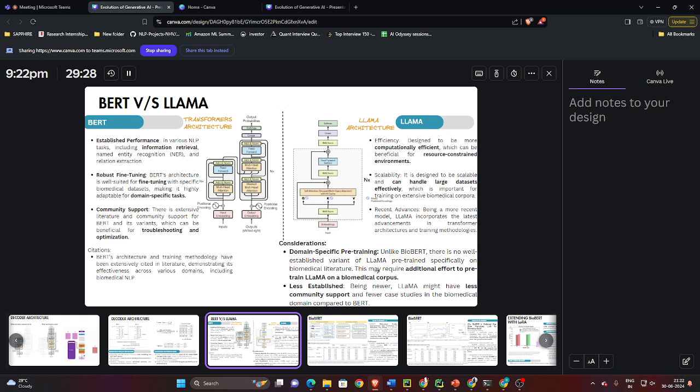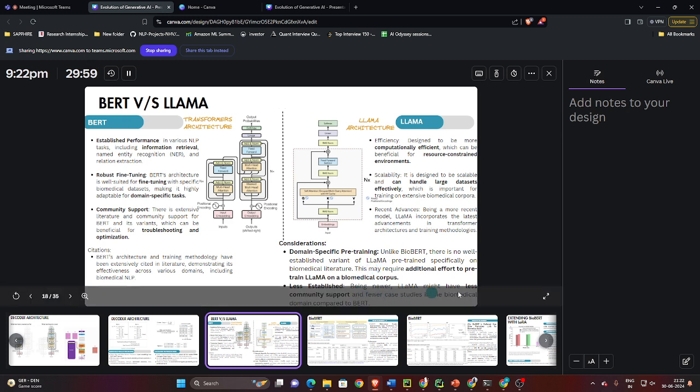BioBERT is essentially trained on 18 billion tokens, 4.5 from PubMed and around 13.5 from PMC corpus. It has been trained and fine-tuned on that specific data set, which makes it much easier for us as users or as second-generation developers to clone that and fine-tune it on a smaller subset of those papers to get our constrained specific results. Llama has less established work because it has lesser community support, which is quite obvious.